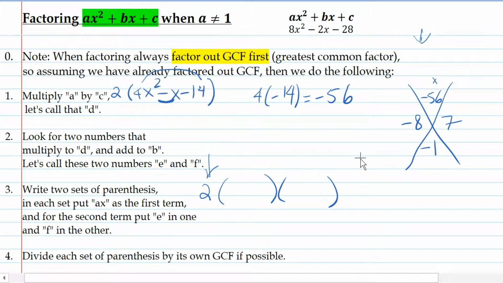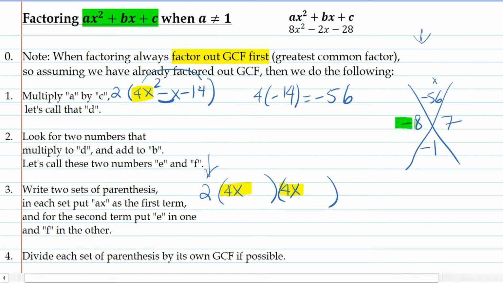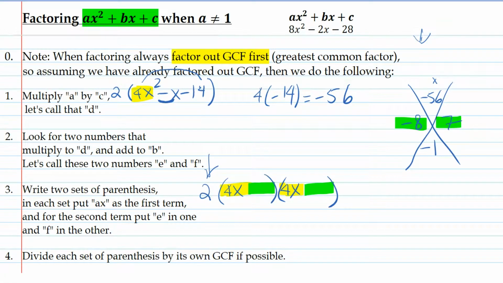Okay, so in our 2 parentheses, remember we're going to put 4x into both. Once again, that comes from here. And then we're going to put negative 8 and 7 in the next set. So minus 8 plus 7.